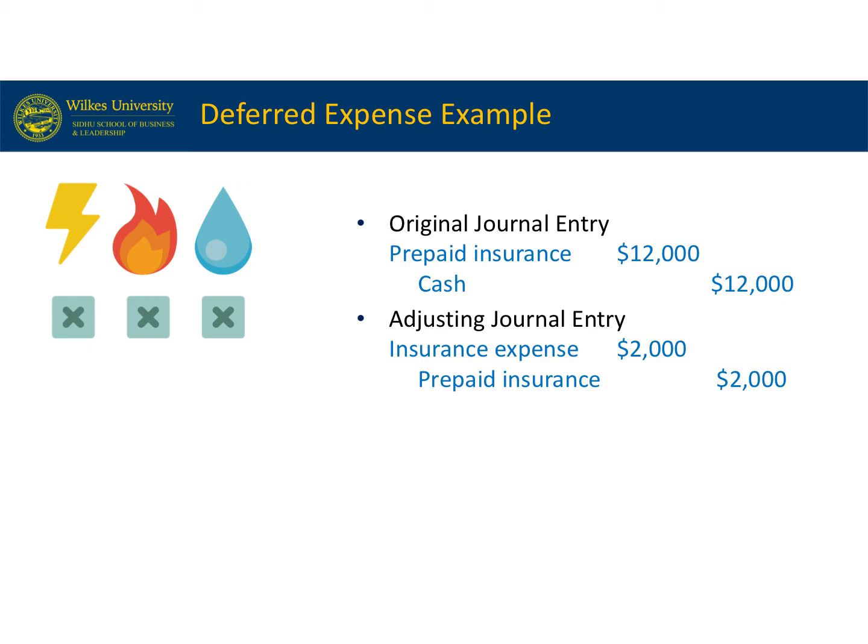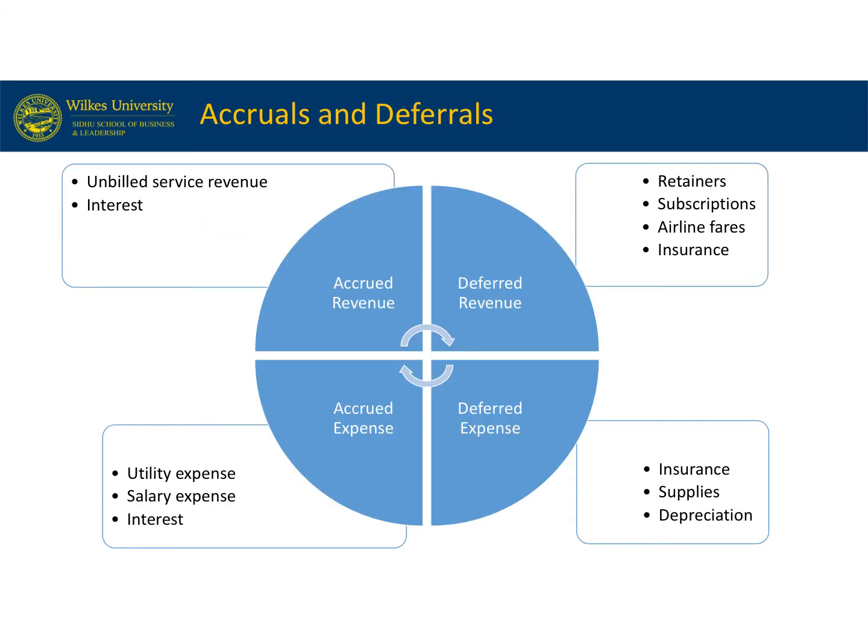If the policy of $12,000 is for 6 months, the amount used is $2,000. The expense must be increased and the related asset must be decreased. So the entry is a debit to insurance expense for $2,000 and a credit to the prepaid insurance for $2,000.